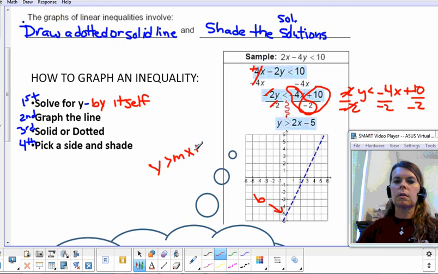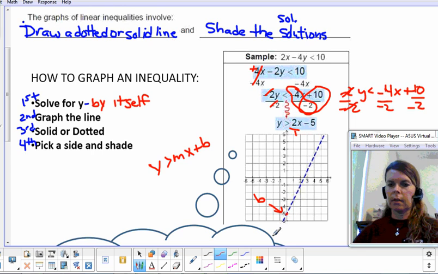But it's still linear, so it's still mx plus b. So this is your slope and y-intercept. We start at our y-intercept, put a dot there, and our slope is 2 over 1, because there's no fraction, so you make it a fraction by putting it over 1. So your rise is 2, so you start at negative 5 and go up 2. Let me write that in for you in a different color.